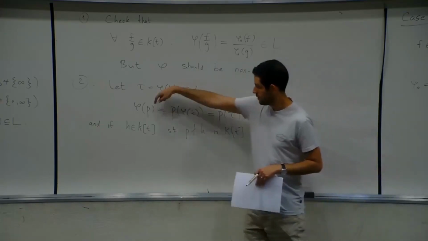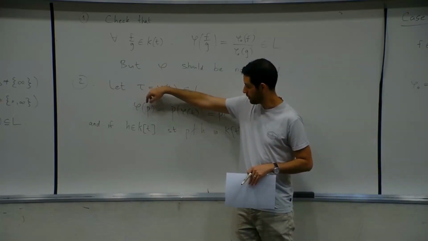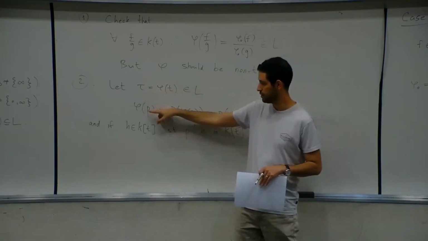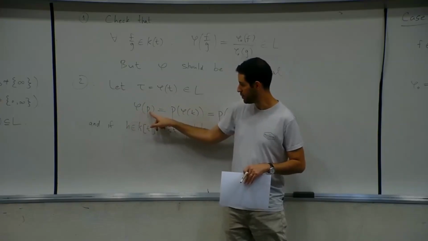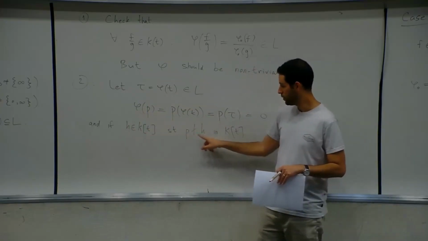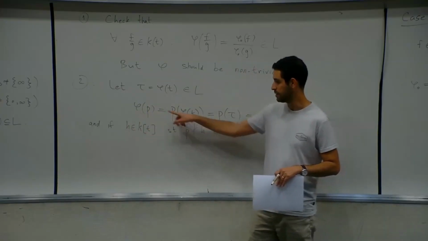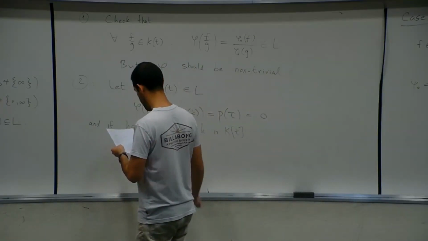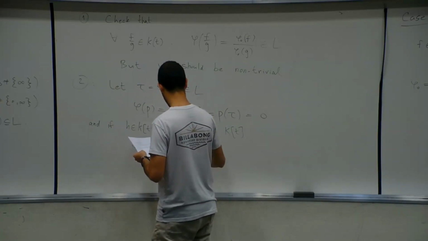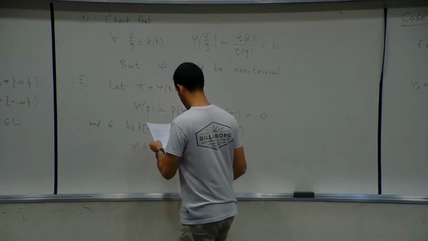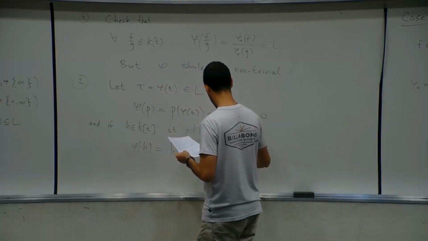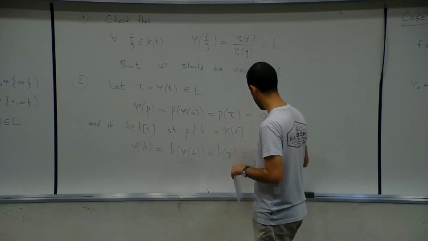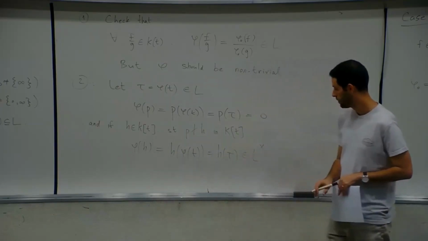Obviously phi of P times any polynomial is 0, because this will be in the kernel. But if we take h, a polynomial which is not a multiple of P, then it's not in the kernel. And phi of h will be what? Again, h of tau, and it's not in the kernel, so it must be in L and non-zero.